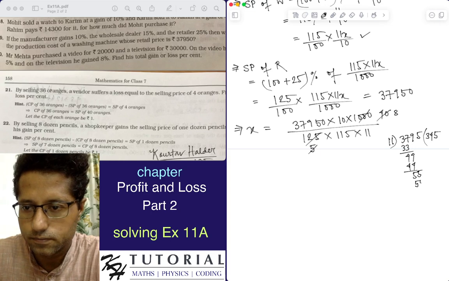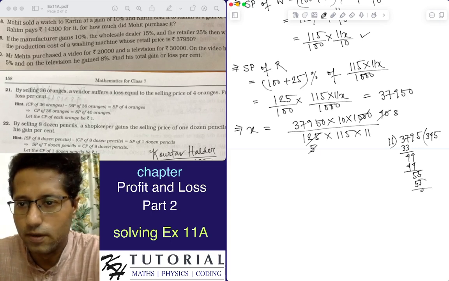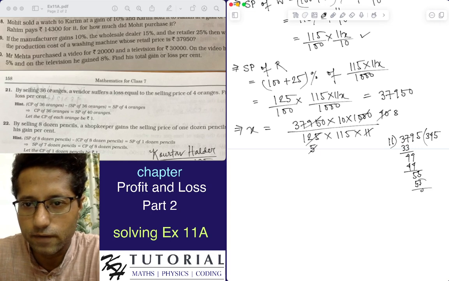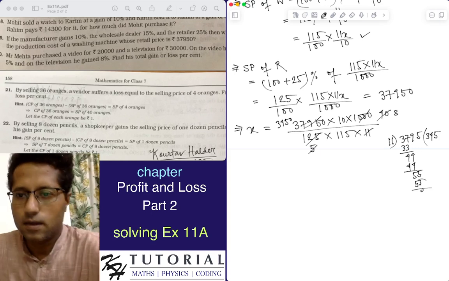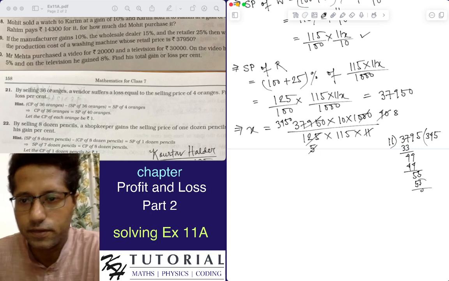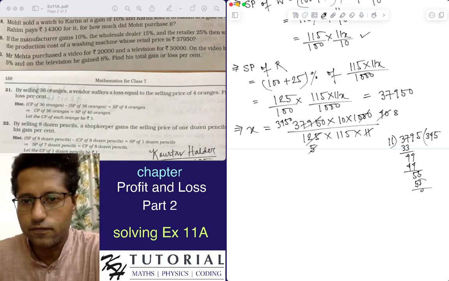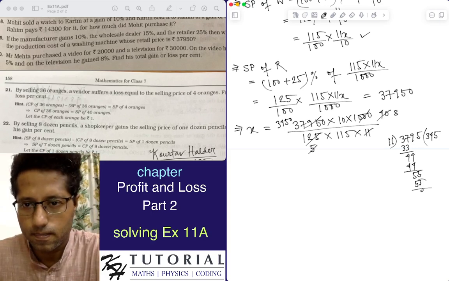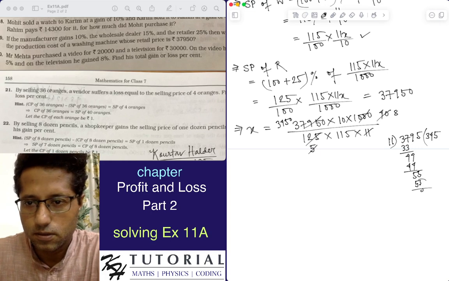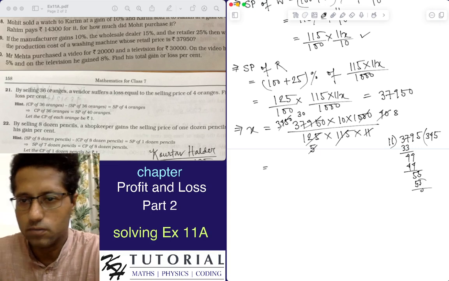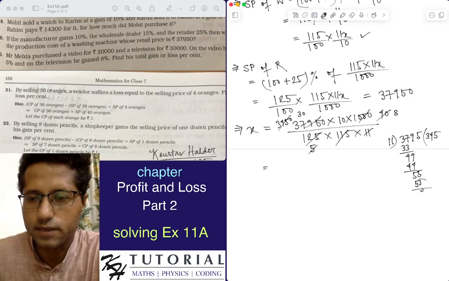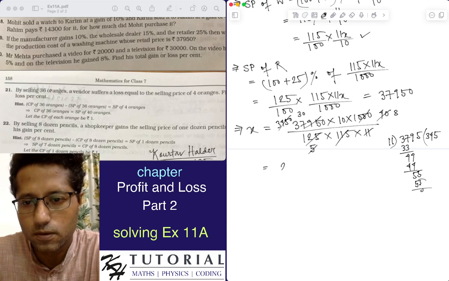So 0. So 11 will divide 37950 with 3450, and I guess 115 will divide 3450 with 30. So this becomes 30 into 10 into 8, which is 240 into 10, which is 2400.